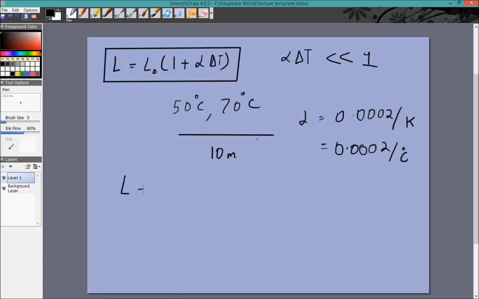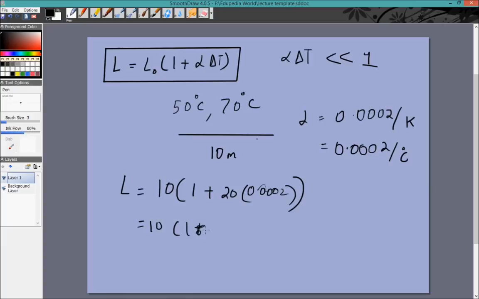So the final length will be 10 times (1 plus 0.0002 times 20), right? Because 20 is the change in temperature, which gives me 10 times (1 plus, hang on, 0.004).